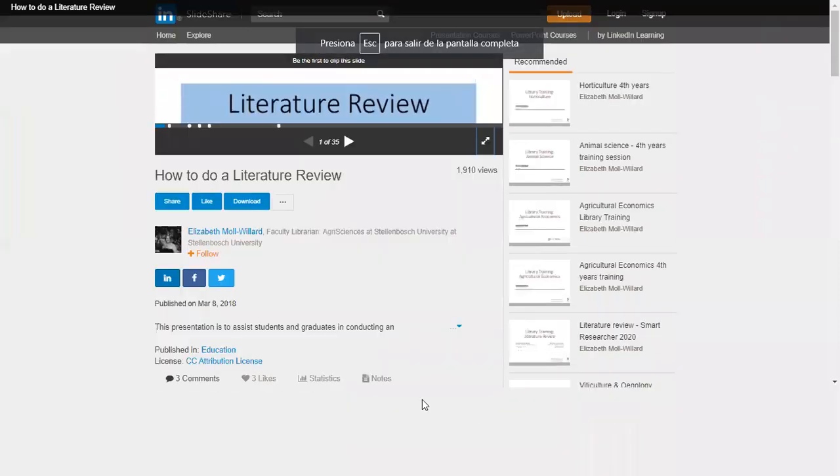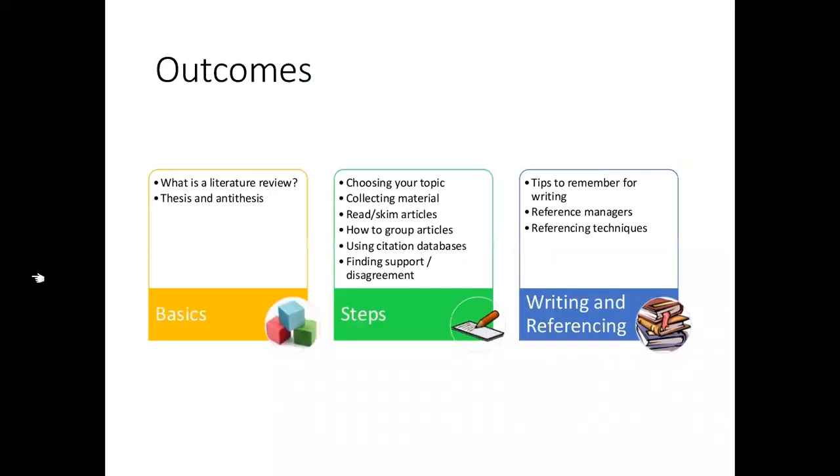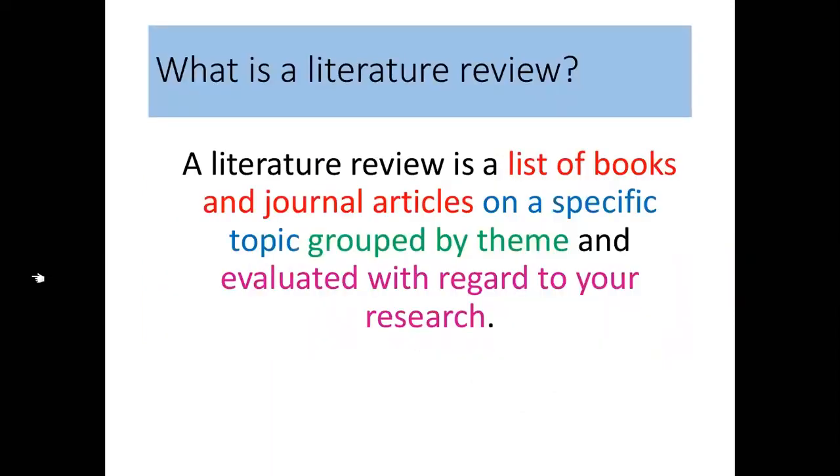Let's see some important aspects related to the literature review again. As you see here, even more summarized, the literature review is just a list of books and journal articles on specific topics grouped by theme and evaluated with regard to your research, right?